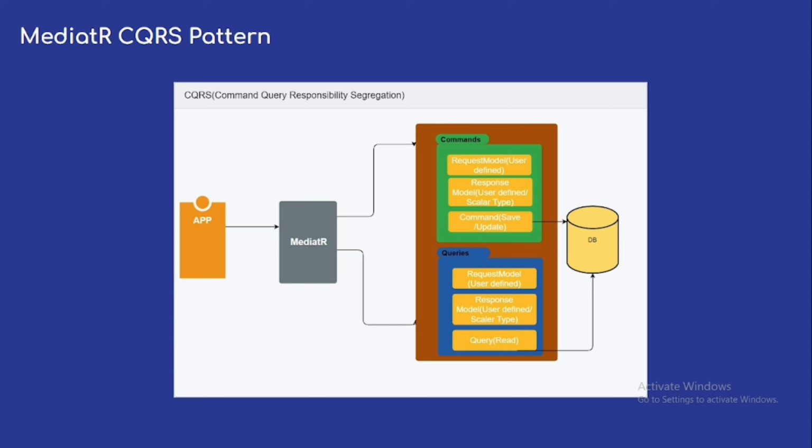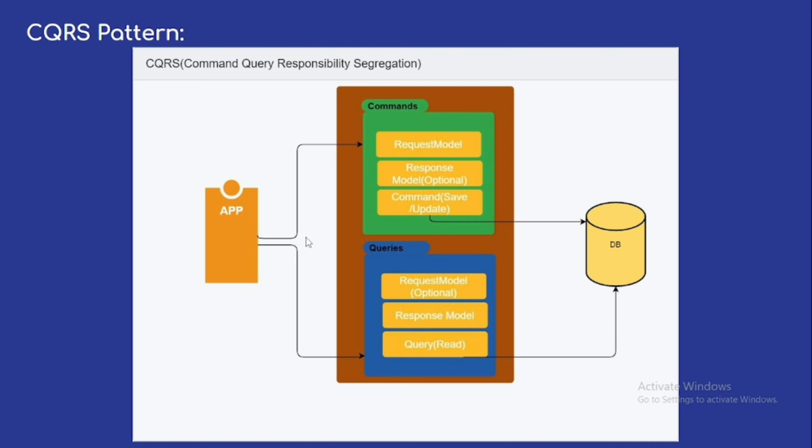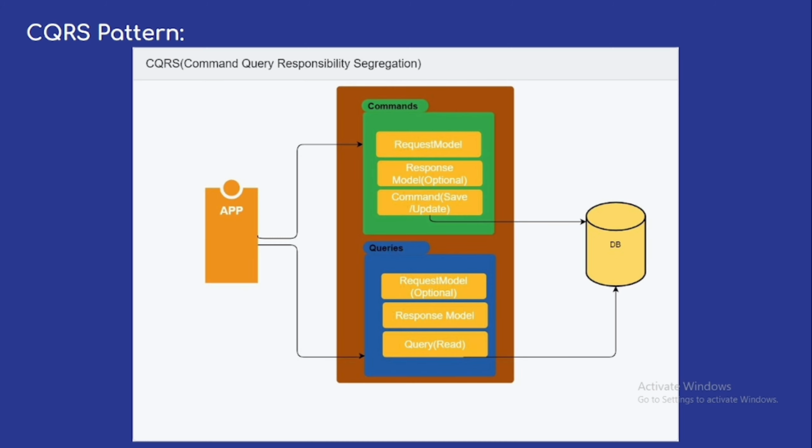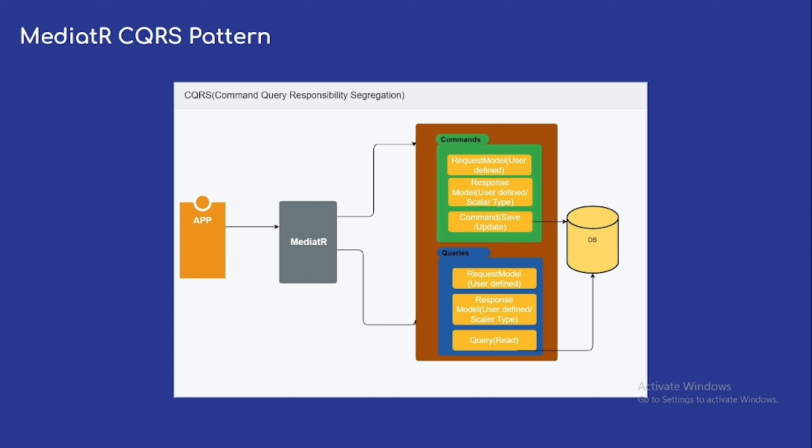But CQRS pattern is more famous and recommended when used along with mediator. If you observe here, there is a mediator in the diagram. Previously, without mediator, this is our diagrammatic representation. So with mediator, our diagram looks like this.